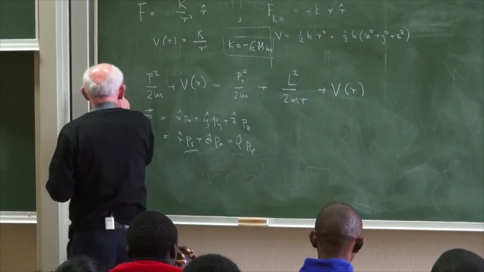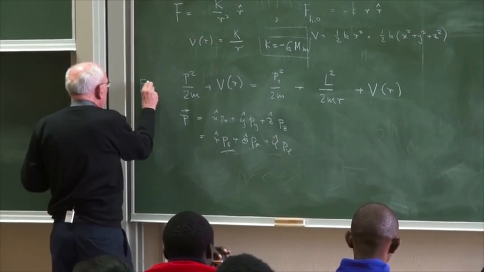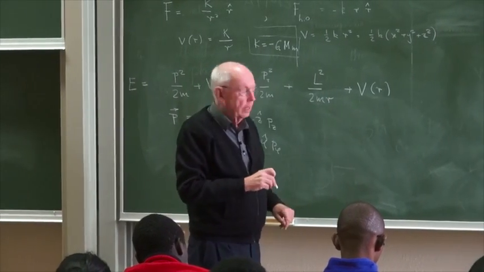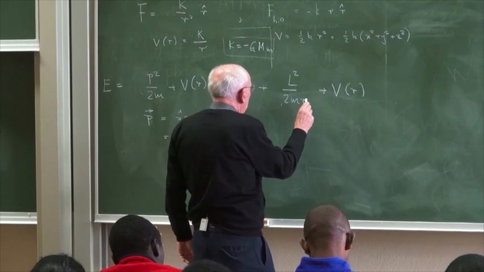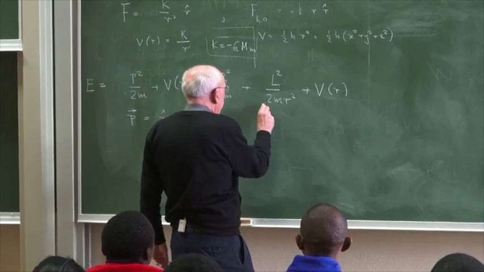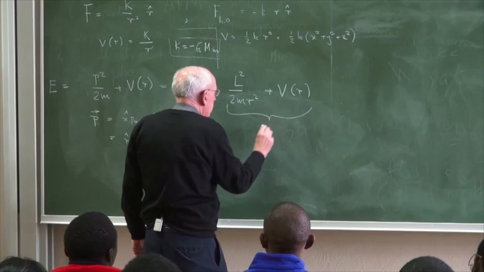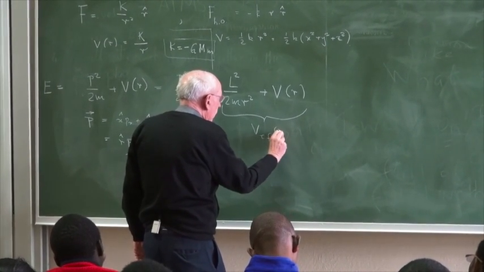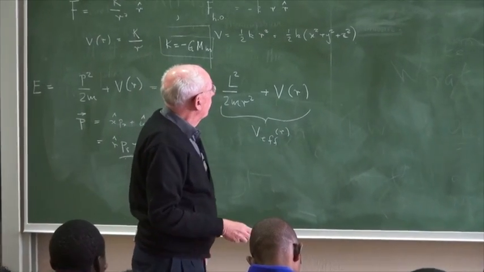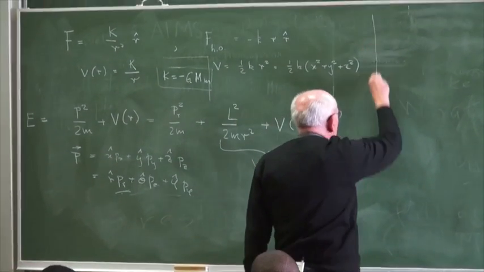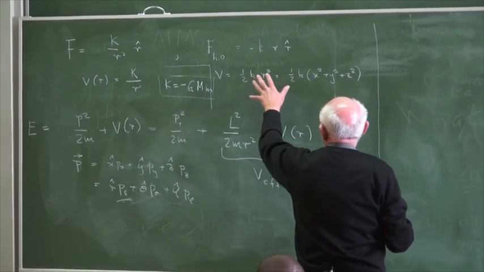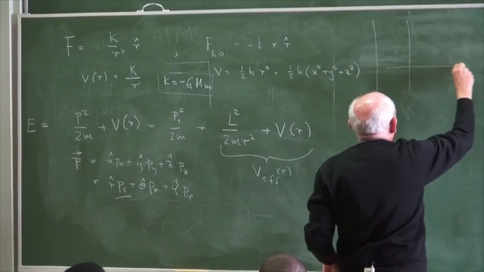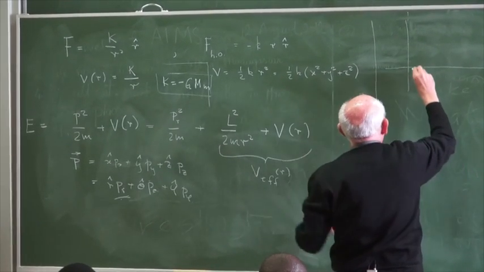So this, of course, is our energy. E is equal to that and that. So we call this thing here V effective of R. And that we can draw. For instance, for the harmonic oscillator, the potential looks like this.